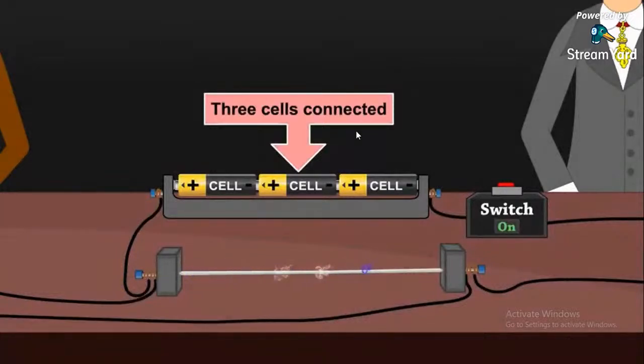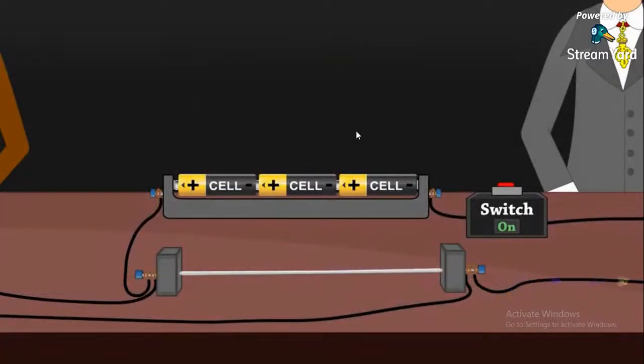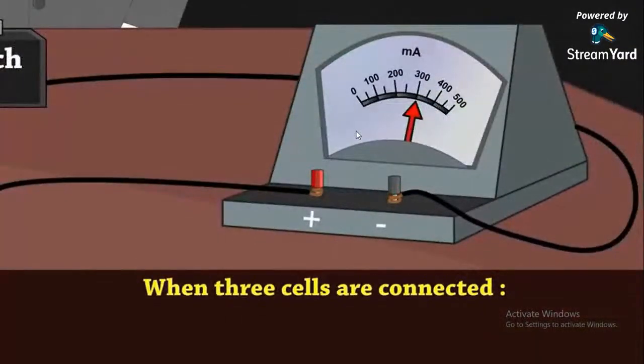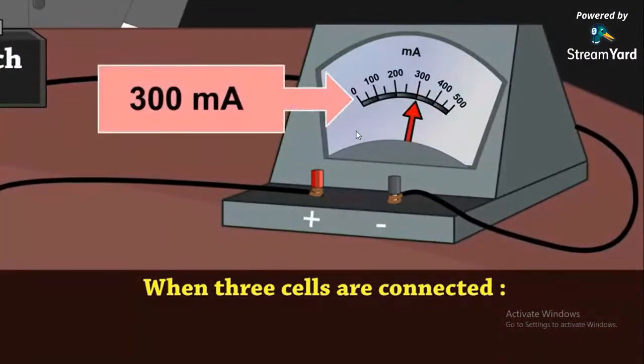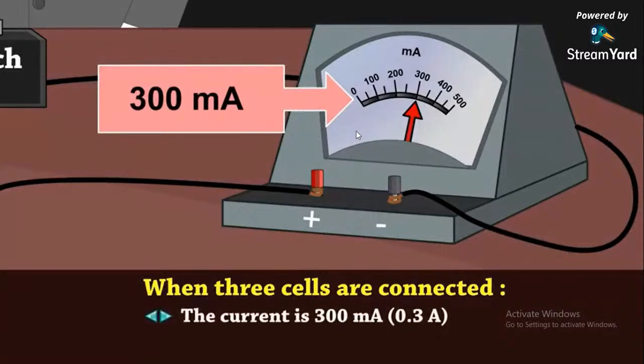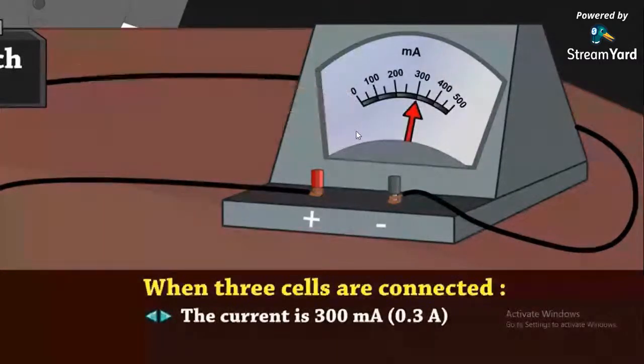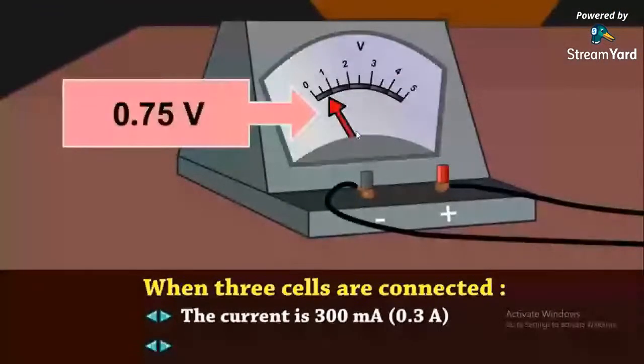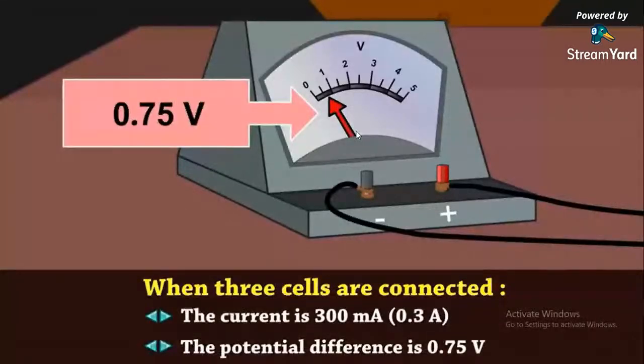And nagdagdag ulit siya ng another battery. Kung mapapansin nyo, habang nagdadagdag sila ng battery or ng cell, mas tumataas yung voltage and the current.